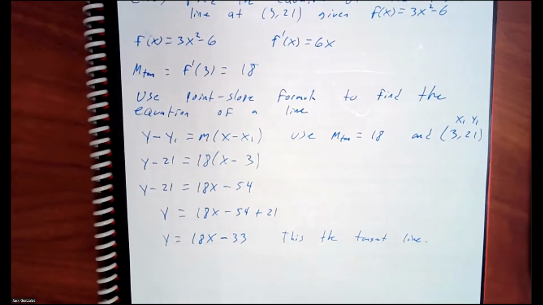In a moment, I'm going to graphics so you can visually see what that is. But does the work make sense? If they ask you to find the slope, well, take a derivative, plug in a number. If they ask for the equation of a line, you need a slope and you need a point, so it's an extra step. If all they ask is for a derivative, then great, we can stop at step 1, right at the beginning.